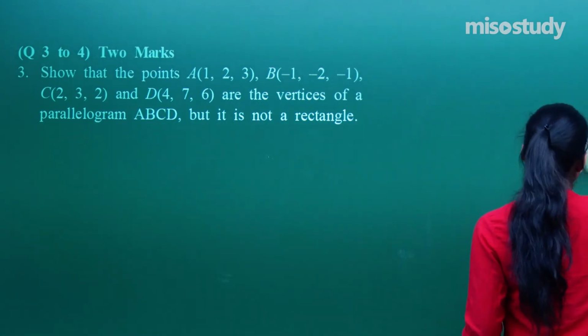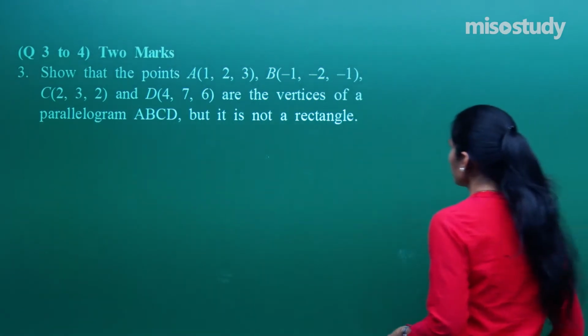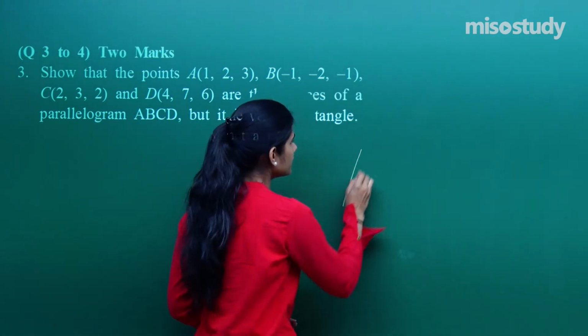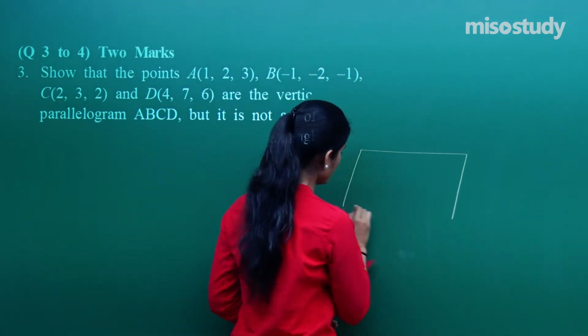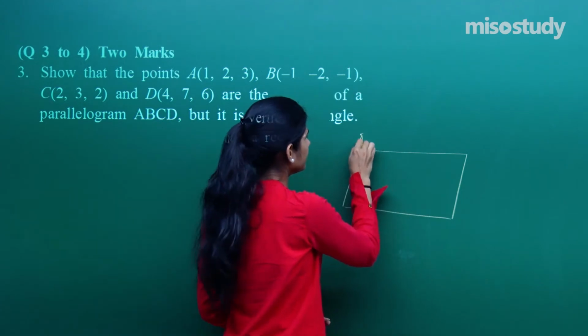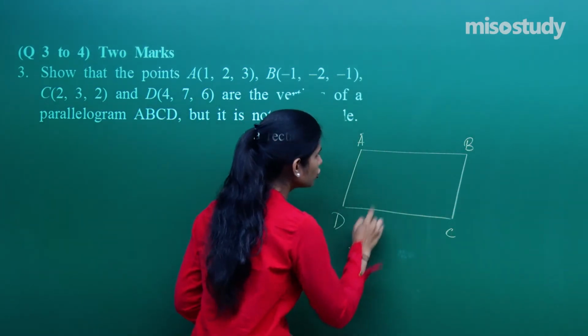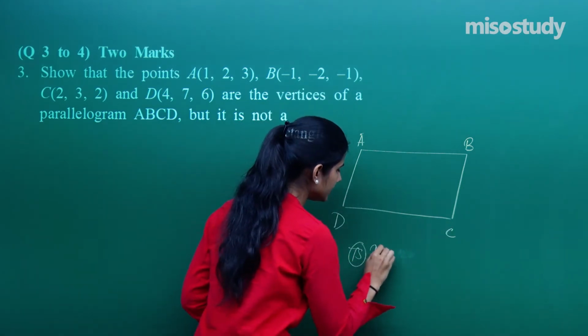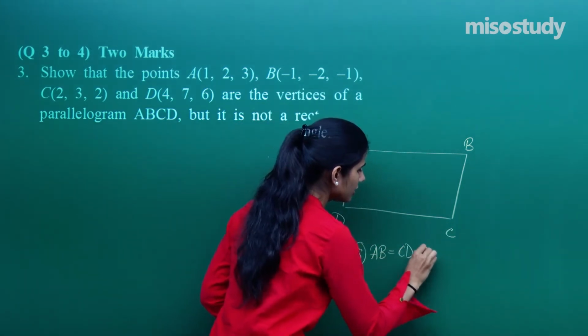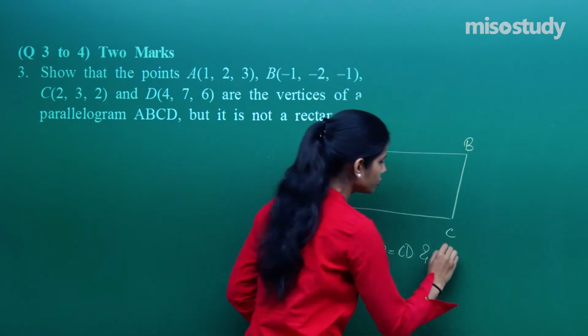Okay. Moving to the next question we have, show that these points are vertices of a parallelogram and not a rectangle. So for A, B, C, D to be vertices of a parallelogram, first of all, what do I need? I wish to show that AB is equal to CD and BC is equal to AD.